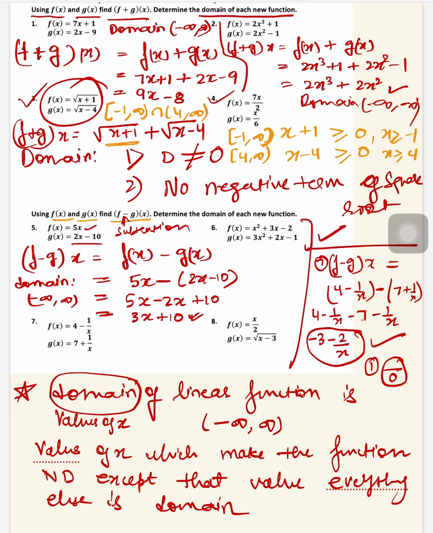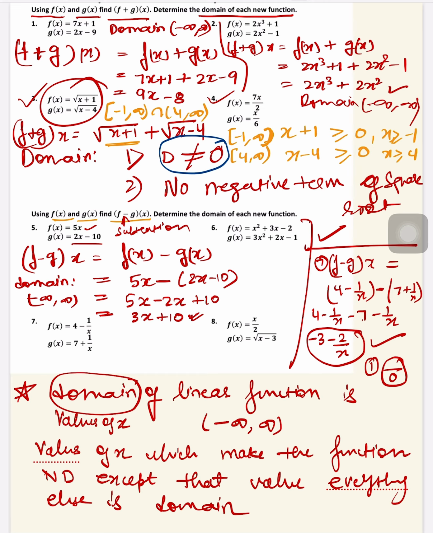Now the question is, what is the domain of this function? As I told you before also, if there is a 0 in the denominator, that makes the function not defined. So the denominator is never 0. Or you can say the value of x which makes the denominator 0, except that value, everything else is your domain, in easy language.